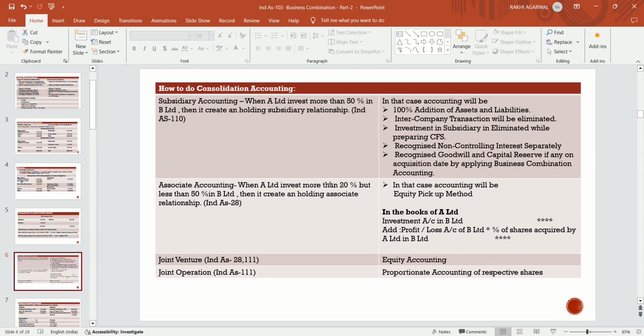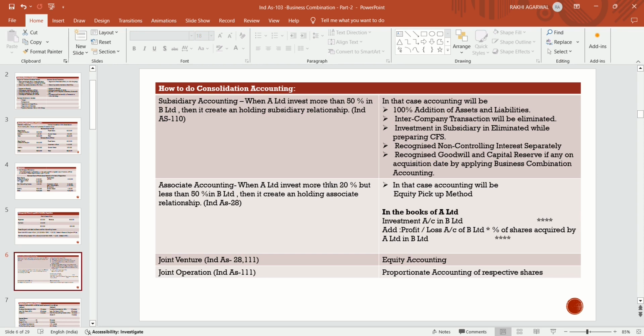The profits which the associate company earns, in the percentage which the company invests, that amount of profit is to be added in the balance sheet in the books of the investor company.